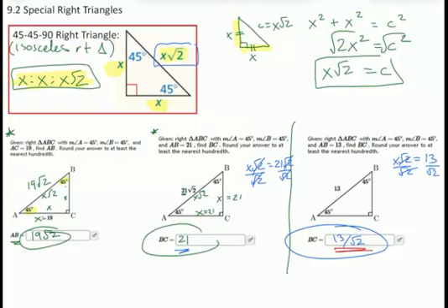So x divided by root n is equivalent to x divided by n times root n. So if 13 is equal to x root 2, you could say that x is 13 divided by the number inside the radical, 2, times the radical itself, root 2. So these are equivalent.